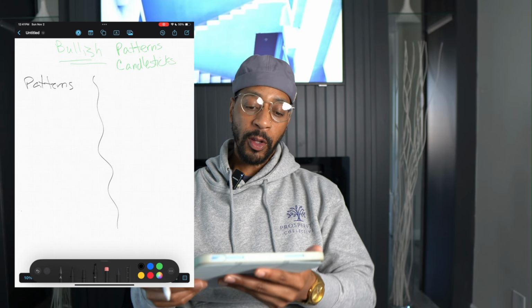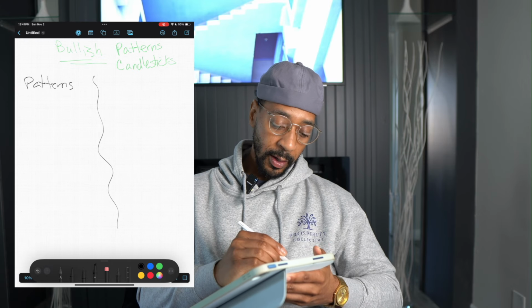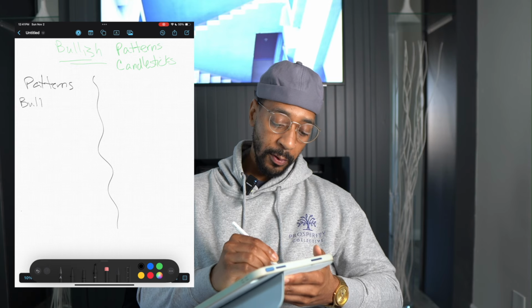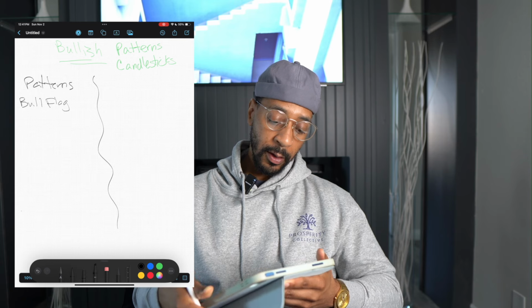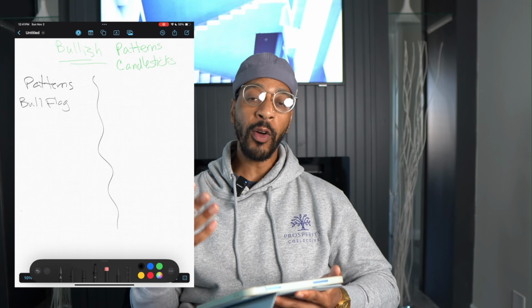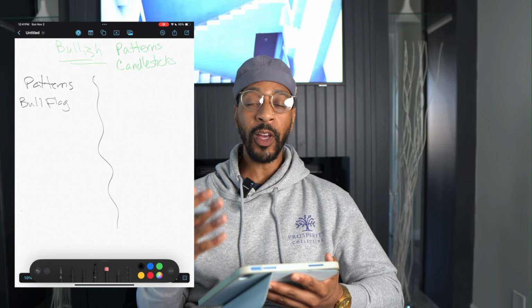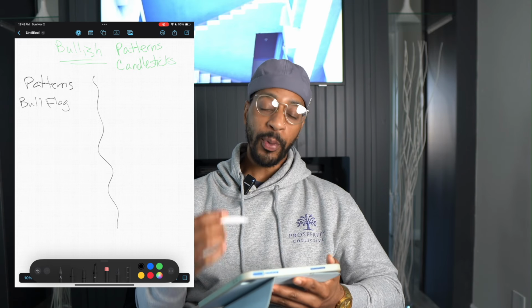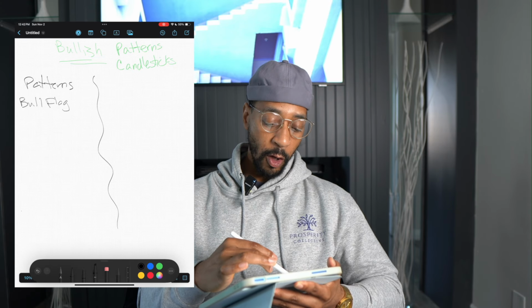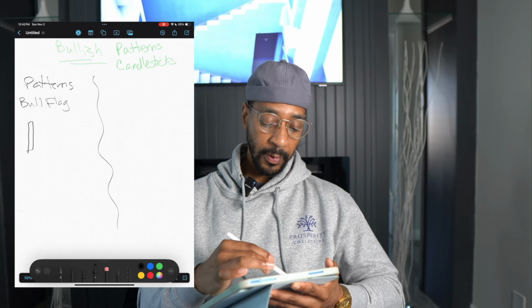Okay. So the first one is going to be one of my favorites, is a bull flag. So if you see a pattern that is a bull flag, then you know that this stock is bullish. It could be on a 30-minute, it could be on a daily time frame. You know that this is going up. So a bull flag pattern looks like a whole bunch of candlesticks, maybe a candlestick like this, and then you got candlesticks like this, right?